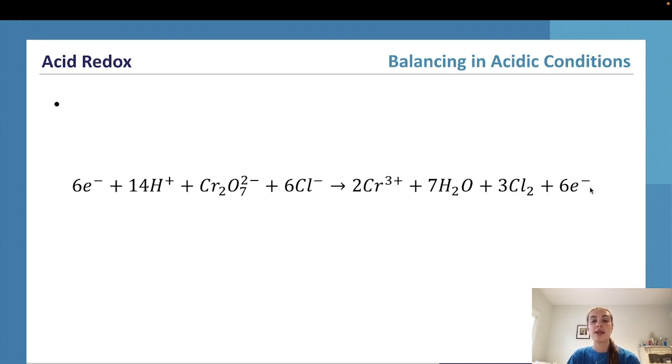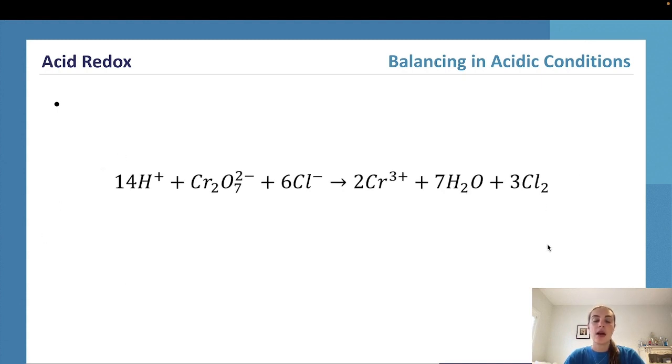Then we can cancel out what's common on both sides, the 2 lots of 6 electrons, taking that off this side and that off that side. That simplifies down to our final reaction of 14 H+ plus dichromate plus 6 chloride ions makes 2 chromium ions plus 7 H2O plus 3 Cl2.